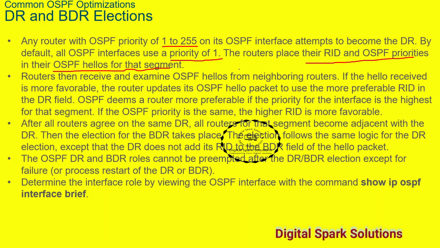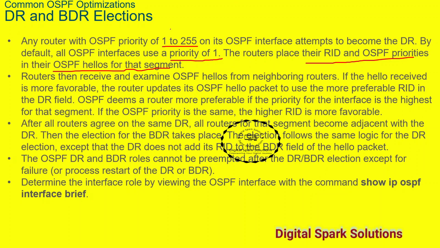Routers then receive and examine OSPF hellos from neighboring routers. If the hello received is more favorable, the router updates its OSPF hello packet to use the more preferable router ID in the DR field.